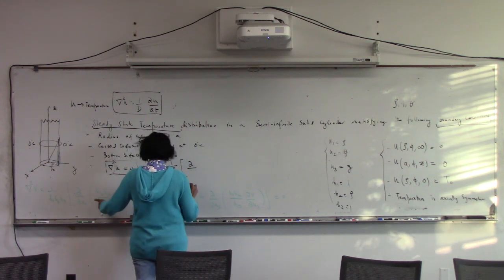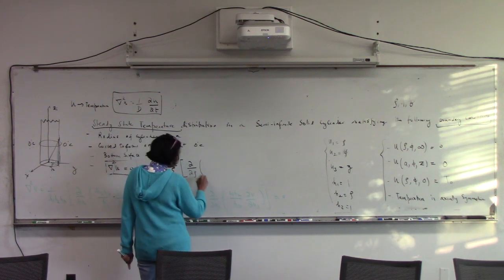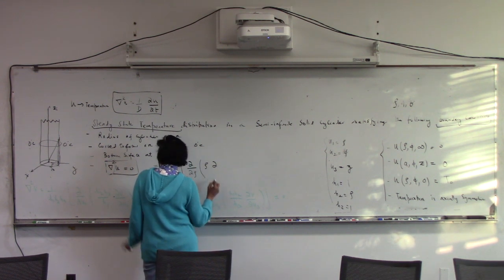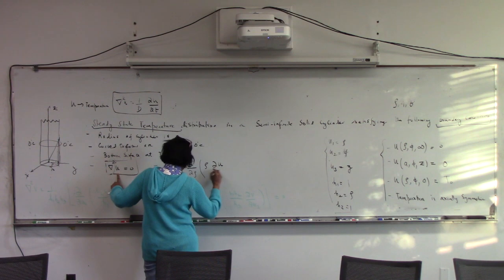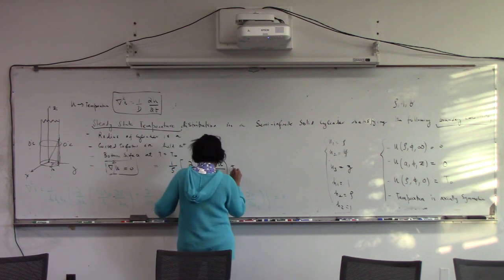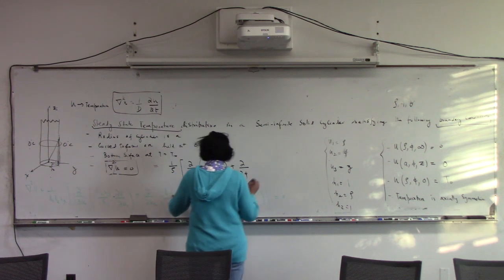Partial with respect to u1, rho is the independent variable, h2 is rho, partial of, I'm calling it u, with respect to rho. That is my first term. Partial with respect to u2, u2 is phi, the azimuthal angle.